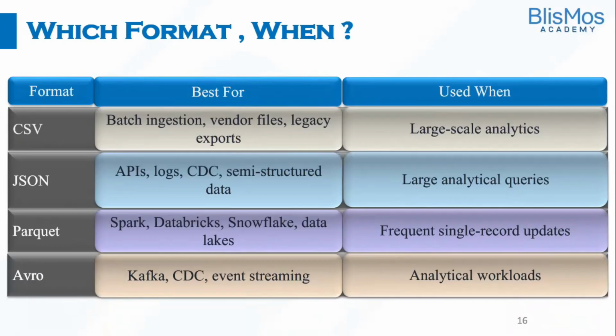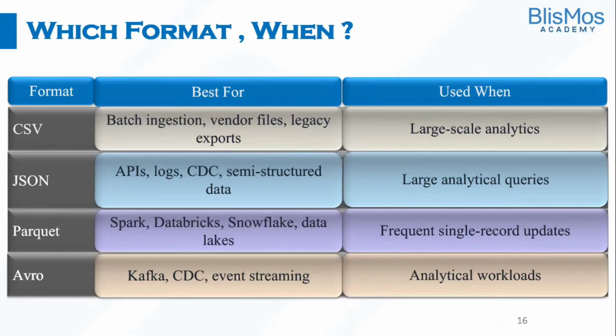So there isn't only one format that is best for everything. The right choice depends on your data characteristics, access pattern, processing requirements, and the downstream system. Don't choose a file format just because it's popular. Choose it based on how data will be used next.